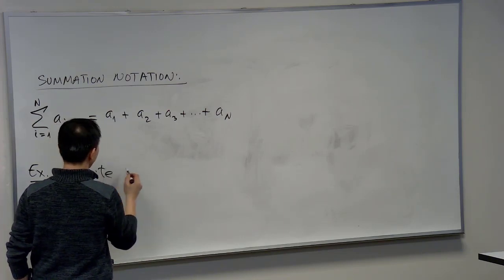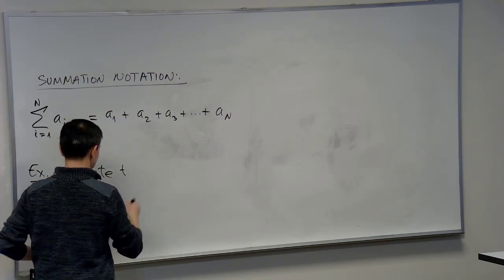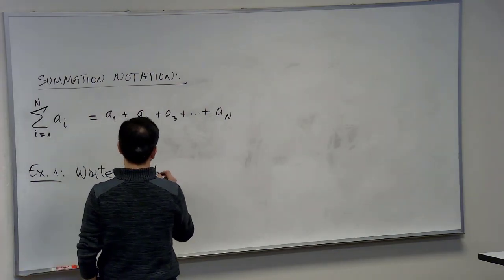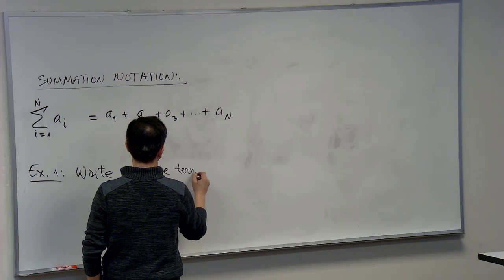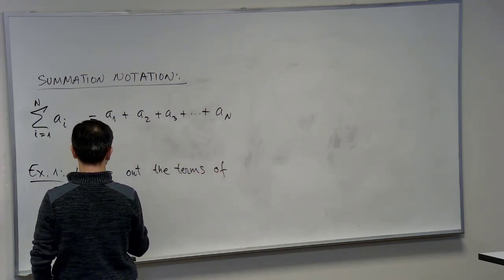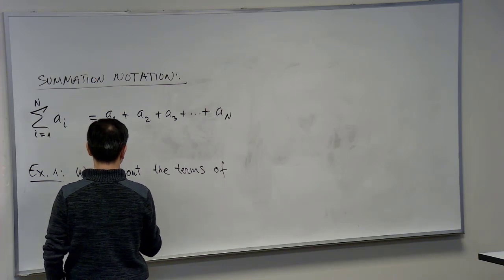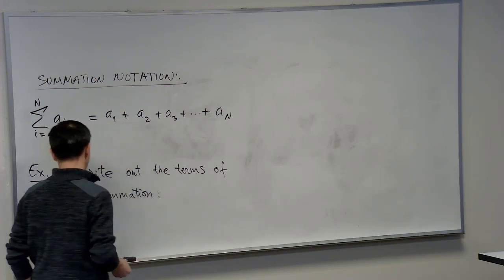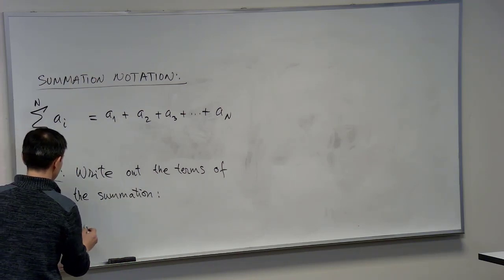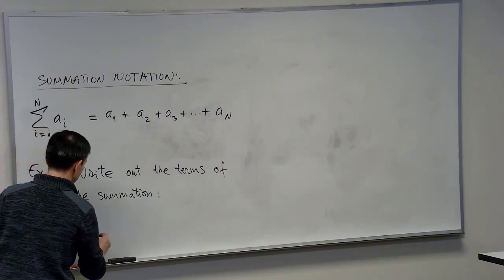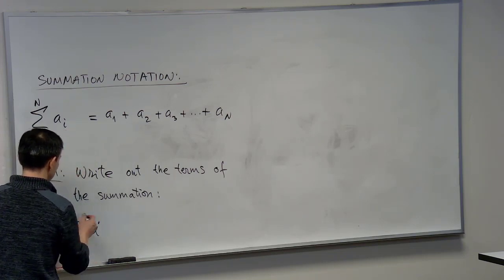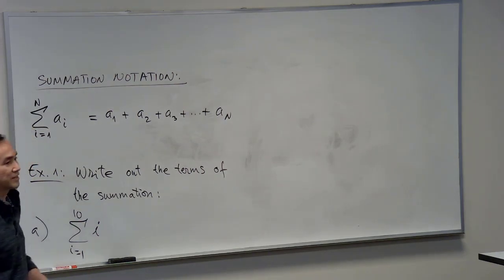Let's just learn to write out the terms of the summation. When you're looking at something like this, you have a sum of i, with i from 1 to 10, for example.